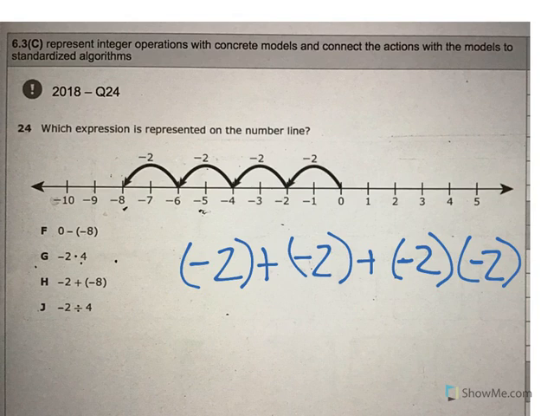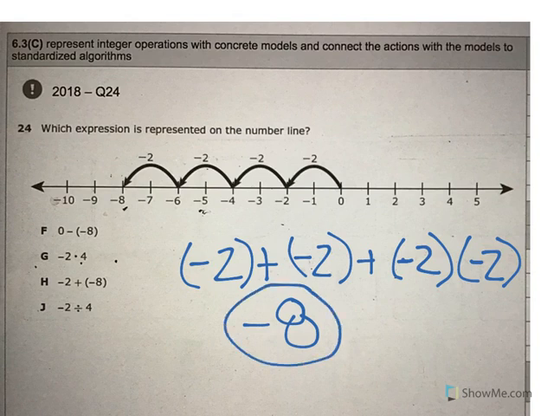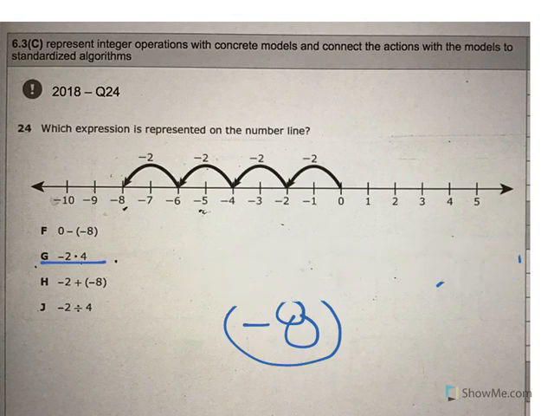I have 8 of them. They're negative, so my answer would be -8. Or if I followed the algorithm, -2 times 4: 2 times 4 is 8, and a negative times a positive is negative. So again, my answer is -8. That gives me -8, so it could be G, so I'm going to underline that. I'll erase this. What about the next one?